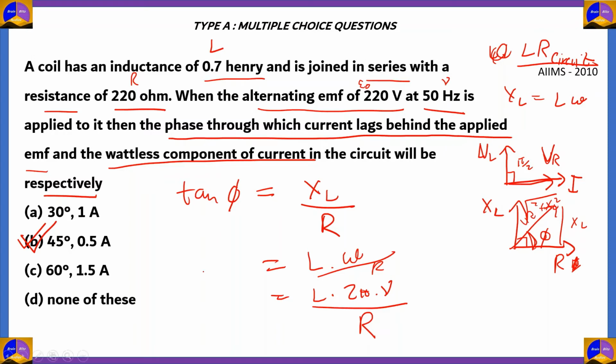But if it wasn't so simple, then we would have to go towards the Wattless component of current. So for the sake of understanding, let's do the Wattless current as well. Once you find out the phase difference, then the Wattless current is a piece of cake. The formula for Wattless current is I0 times sine phi. I0 is the peak value of the current.